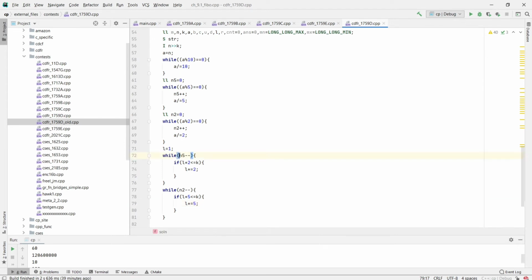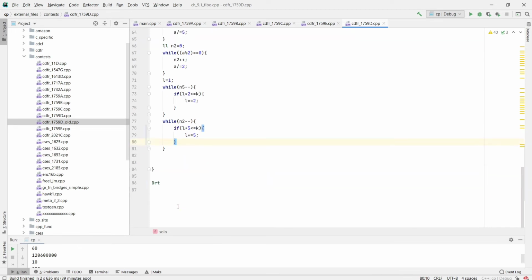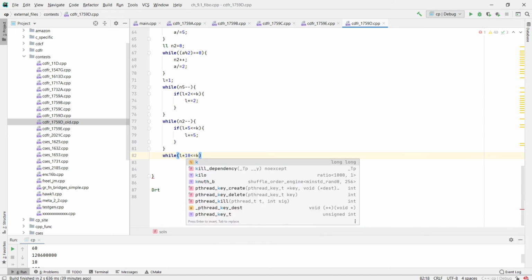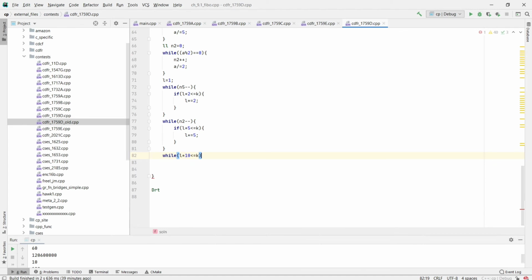Similarly in case of n5 and 2 as well. Now we check if we can multiply 10 with it, which will be less than or equal to the given number. If so, then we can multiply with 10.